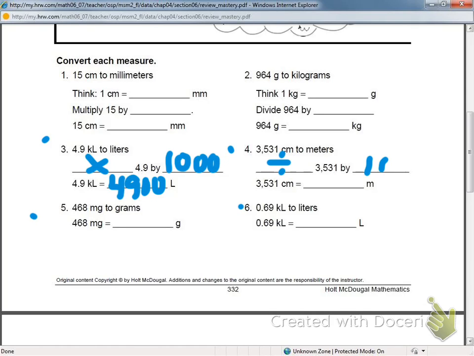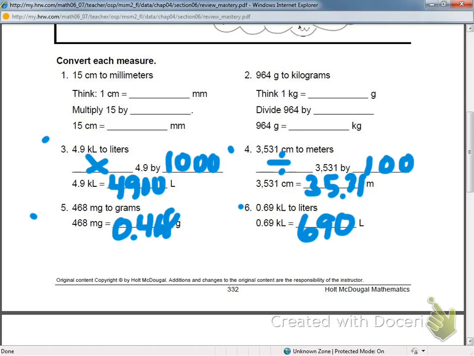So dividing by 100, we get 35.31. For the fifth one, we should have the answer 0.468. And for the last one, you should have 690. Excellent job. If you have questions, please ask Mrs. McCowan at the end of class.